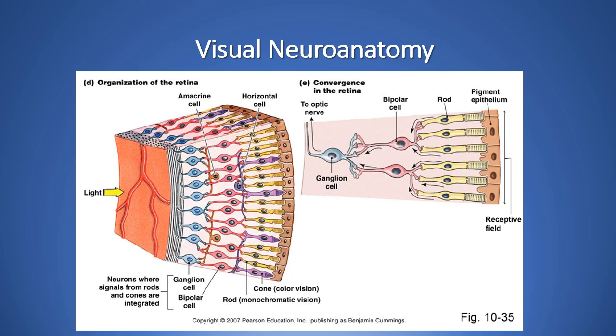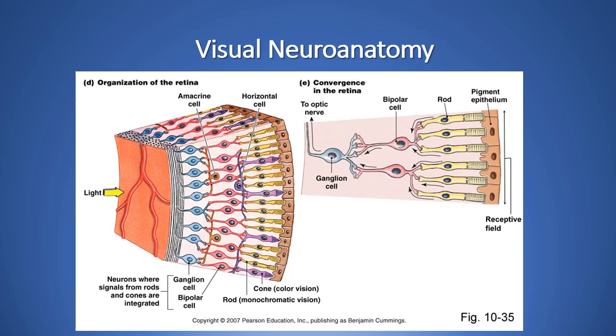Okay, so if I were designing this system, I would probably have turned everything around. I would have had the rods and cones facing the front of the eye. So they're basically ready to receive that light.